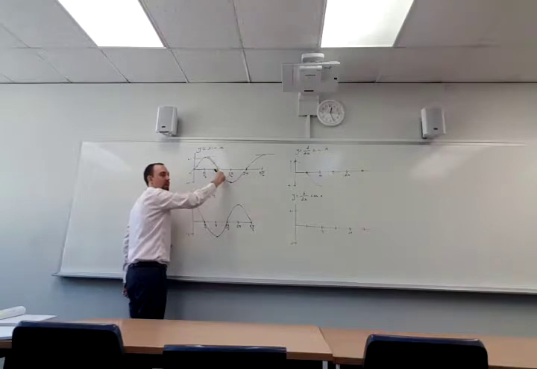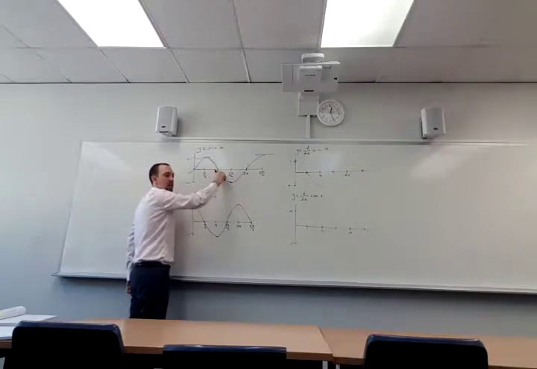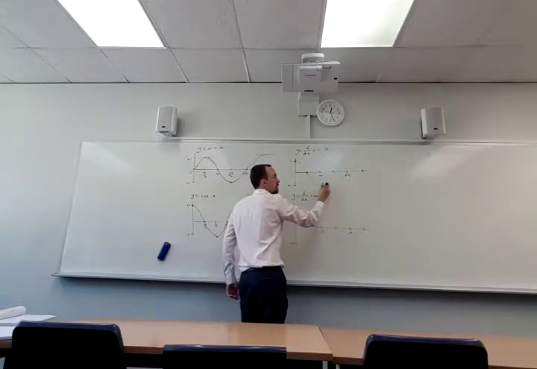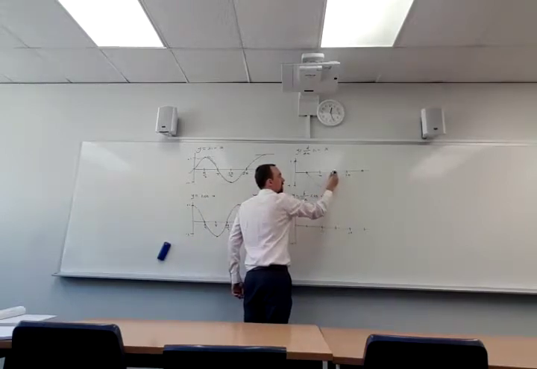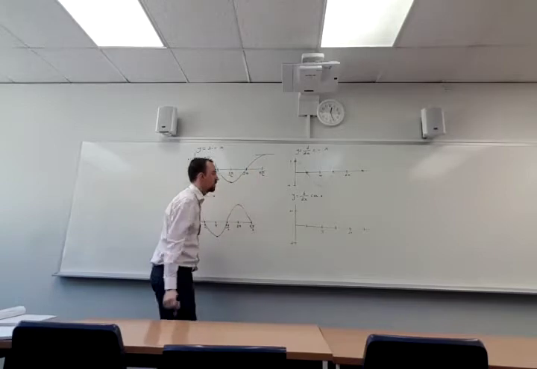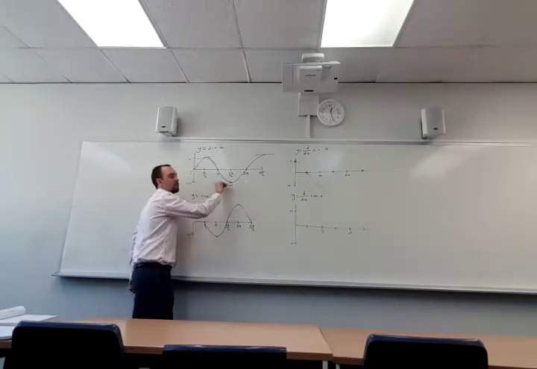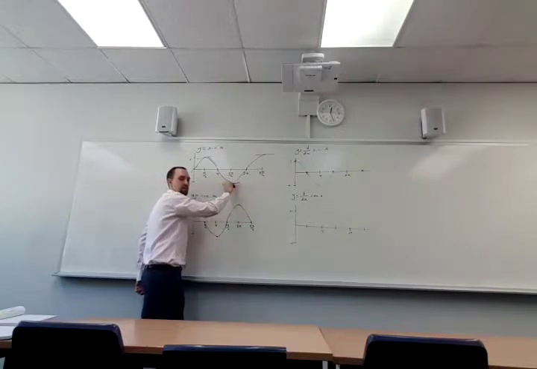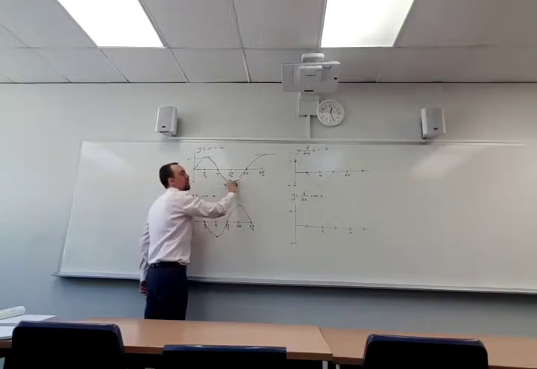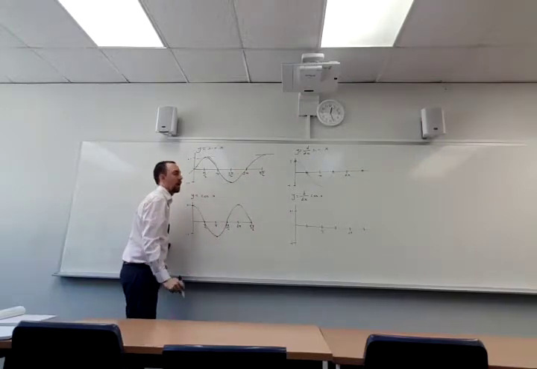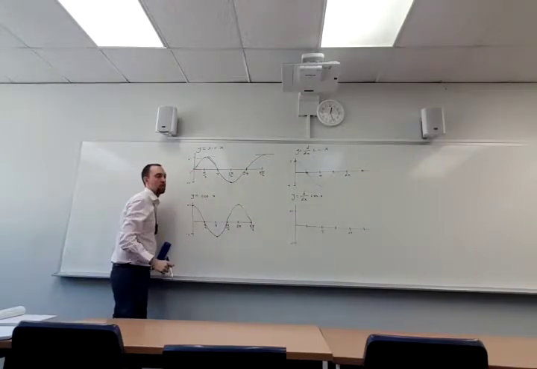So as it gets shallower, the slope is getting closer to 0 and decreasing, a smaller negative number going back towards 0. And then we're back to positive, aren't we? Going back to positive, it's going to get to a 1 again at the 2 pi, which is a repeat of what's over here.